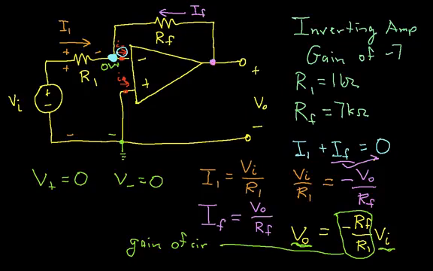Now, one question you might have is, how do we actually choose a value of R1, since once we choose R1, then RF will be specified? We typically do that by looking at the typical ranges of the input voltage, looking at the specifications of our op-amp to see how much current it can source, looking at how much current we're willing to let flow back through RF, because that's a power drain, and so on.